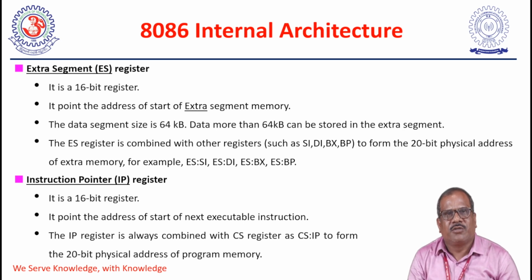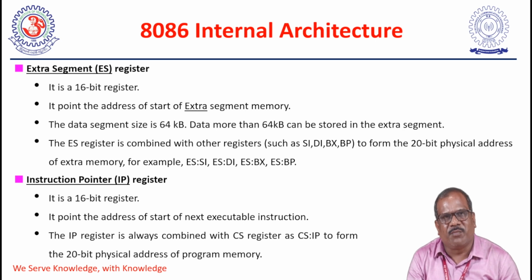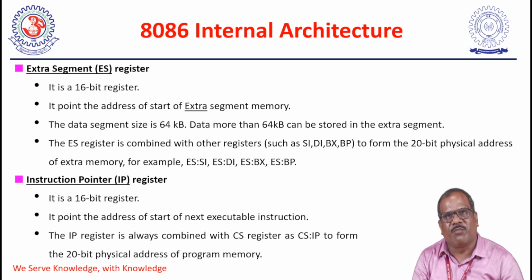The extra segment register is combined with other base registers such as SI or DI or BX or BP. So ES combined with SI, or ES with DI, or ES with BX, or ES with BP. That is, the extra segment default base register is either SI or DI or BX or BP.